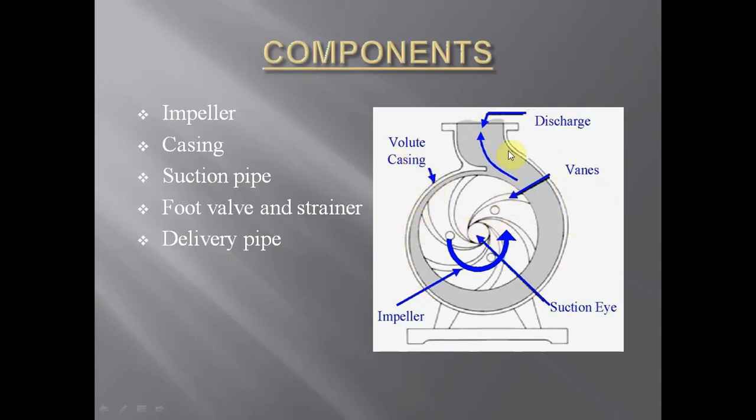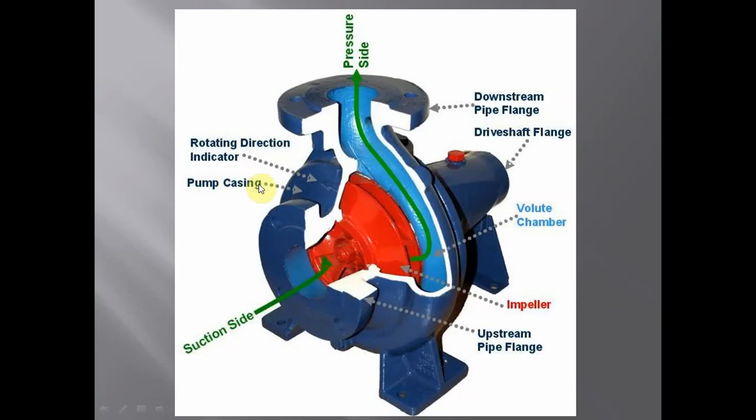The outside is called the outer casing, then the impeller, then the suction. And this is the 3D view of the pump, with the pressure side here, the rotating direction indicator, pump casing, suction side, upstream pipe flange, impeller, volute chamber, driver shaft flange, and downstream pipe flange.